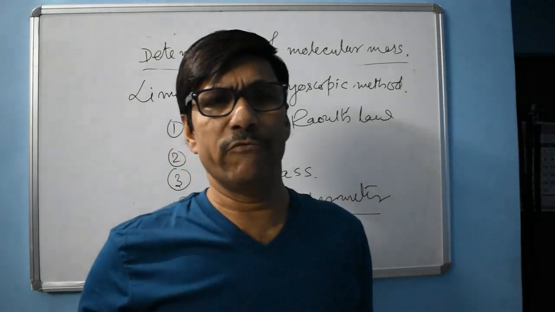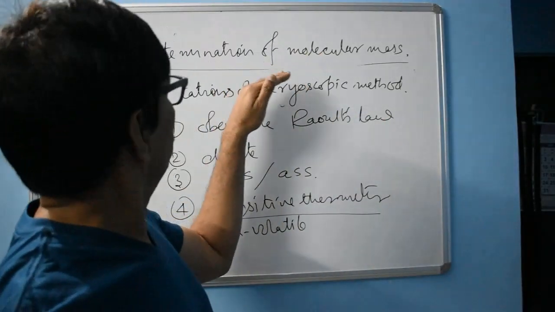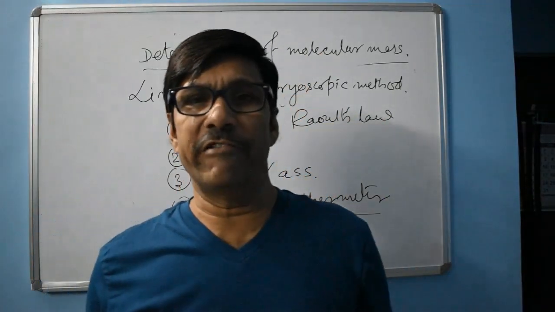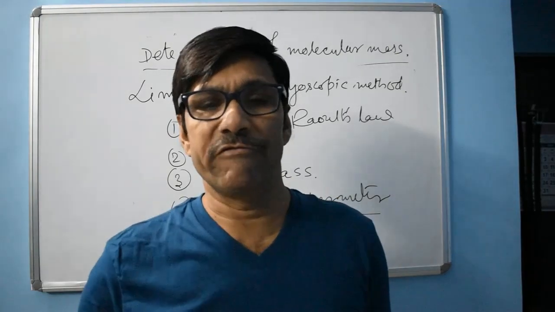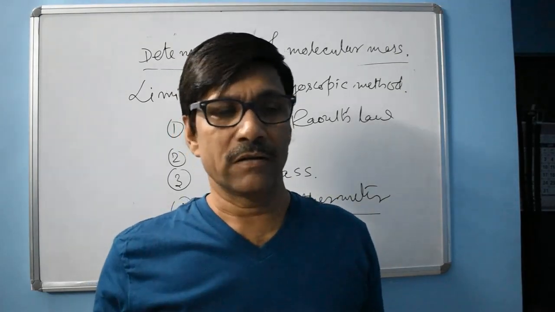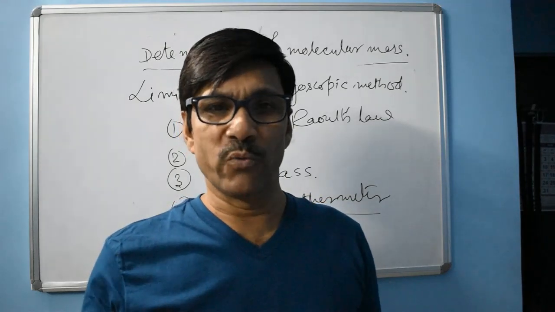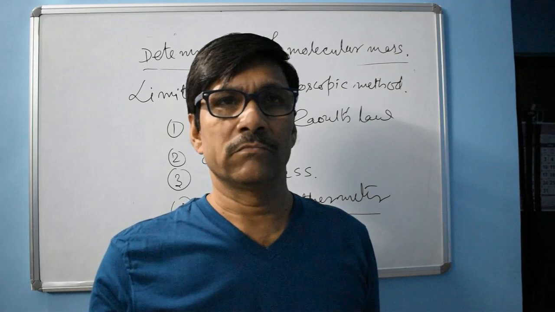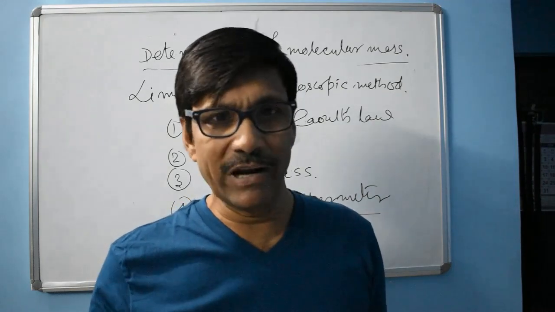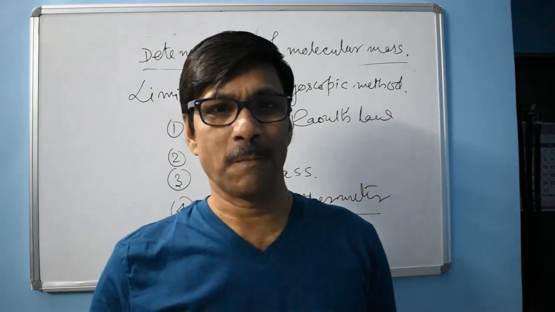Now we have a practical example of this depression in freezing point. All of you know what is the coolant used in the radiator of an automobile engine, that is in a four-wheeler, in cars, trucks, buses.